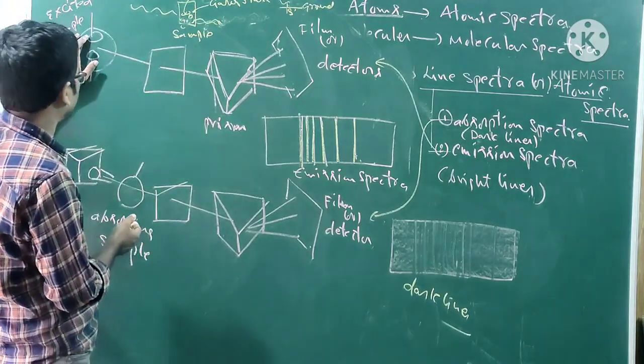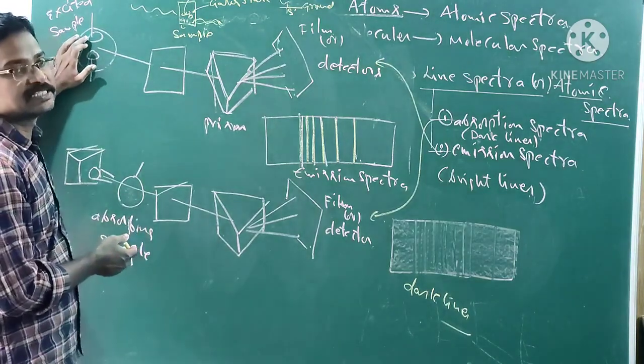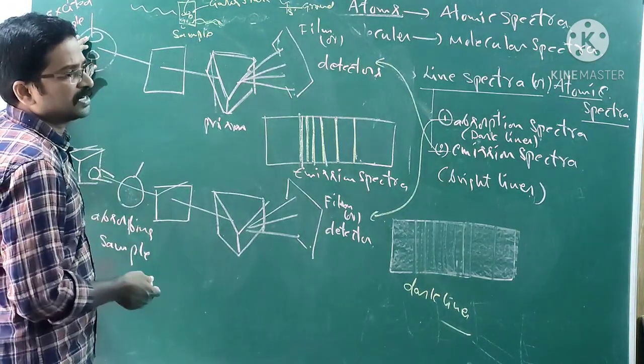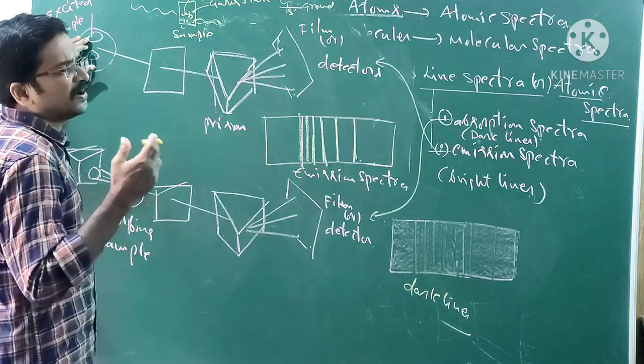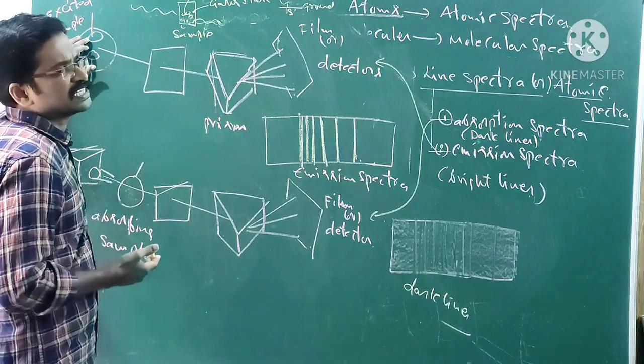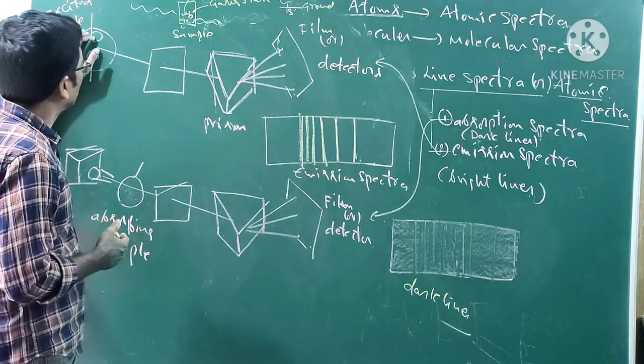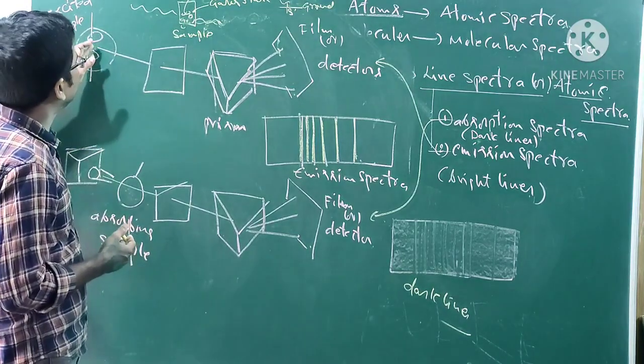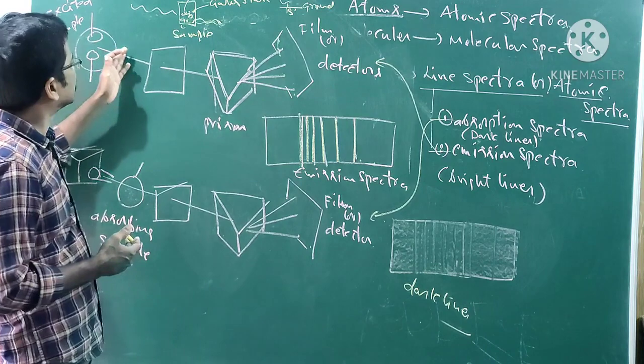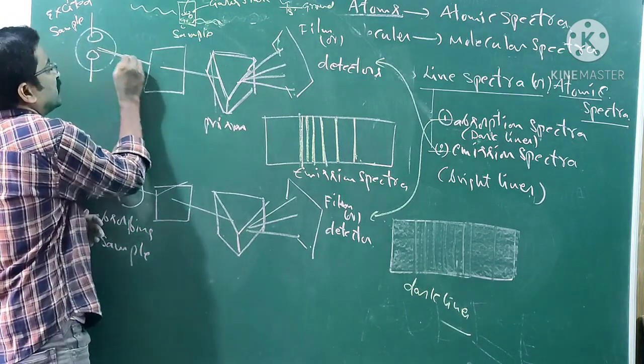That is the reason why the excited sample contains atoms with electrons in the excited state. So these atoms go to the lower energy state, and they should emit the radiation. That emitted radiation is captured here.